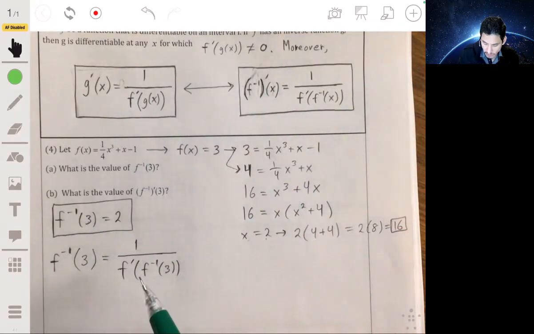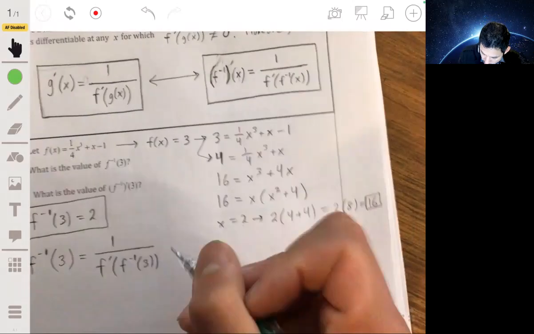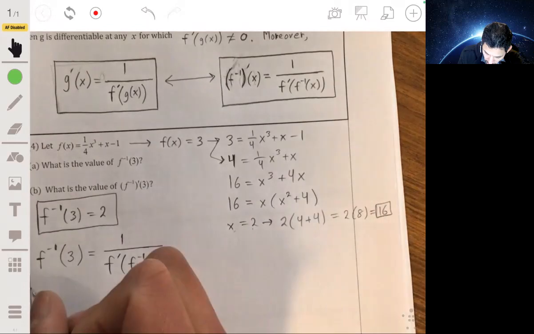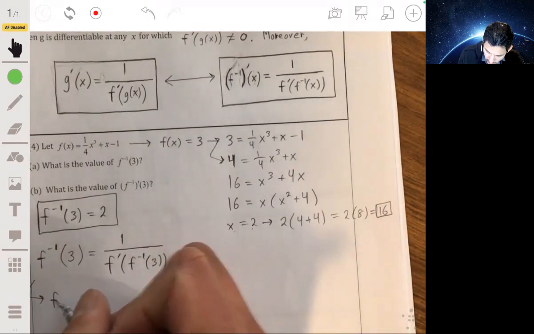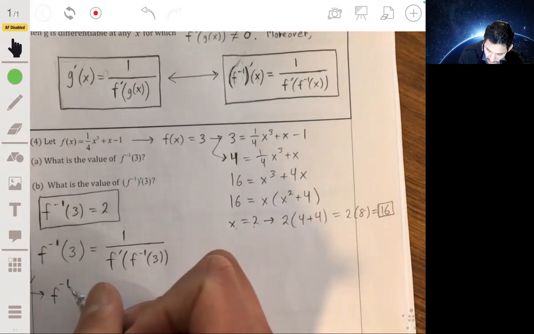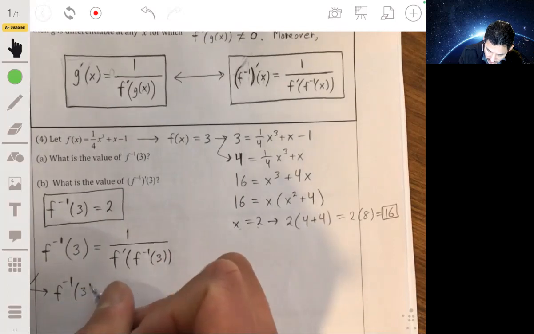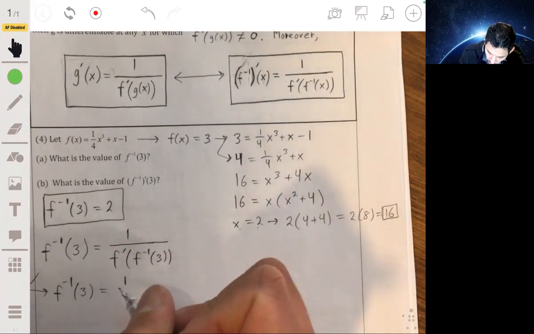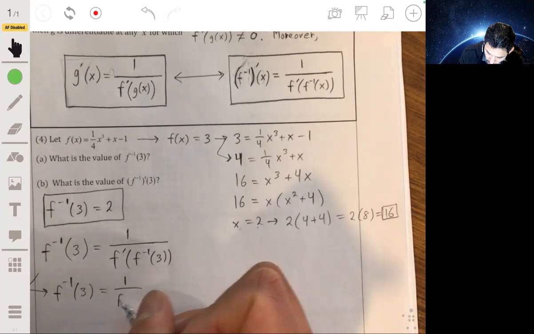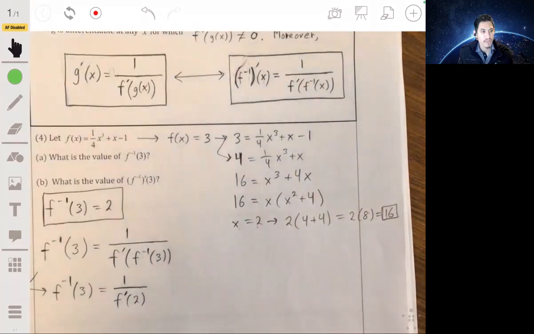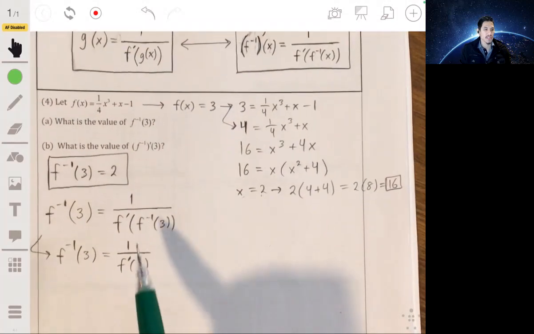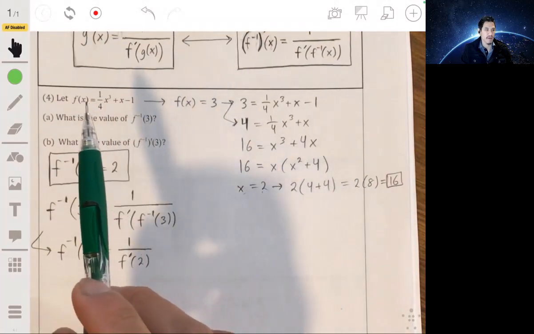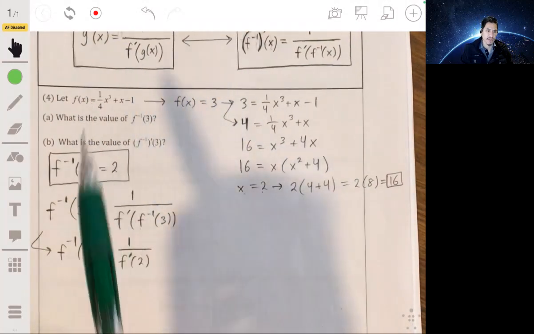Now, we found what f inverse of 3 is, which is 2. So then we can rewrite this as the derivative of f inverse at 3 is equal to 1 over f prime of 2. So now all we have to do is find the derivative equation of f of x and then evaluate it at 2.